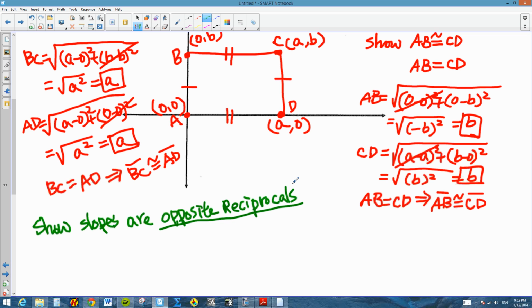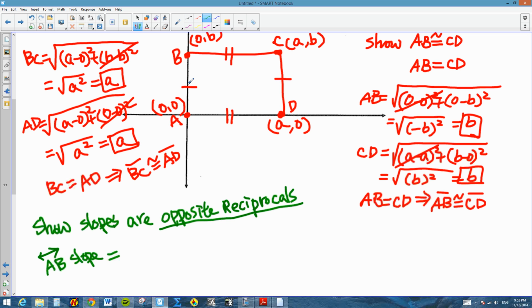How do you find the slope for this line AB?